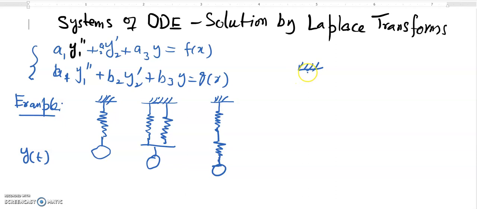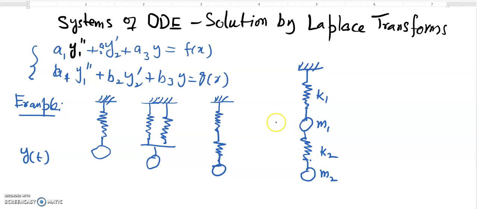two masses, there is one spring with constant k1 and then a mass, and along this mass there is another spring and then another mass with m2. So if this is mass m1, this is mass m2, this is spring with constant k1, this is spring with constant k2, each of these masses will have their own motions, which may not be independent of each other, but they may have separate patterns.